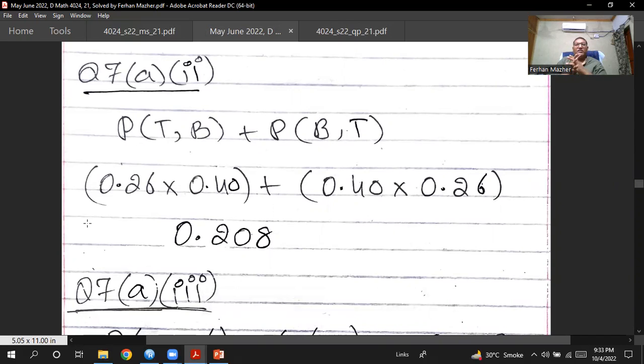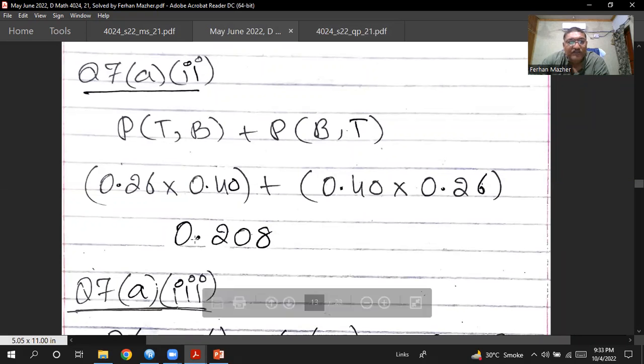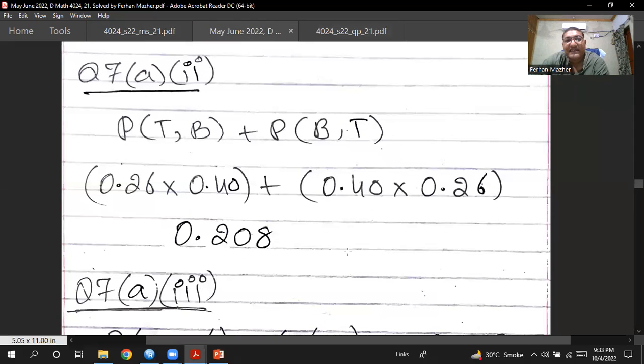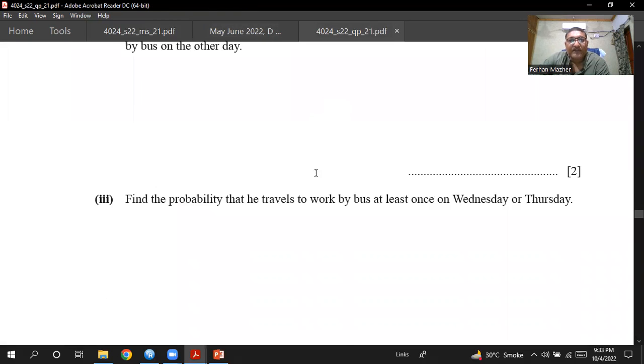So its probability will be 0.26 multiplied by 0.40 plus 0.40 multiplied by 0.26. So the answer will be 0.208. I hope you understand this. That was a 2 marks question.